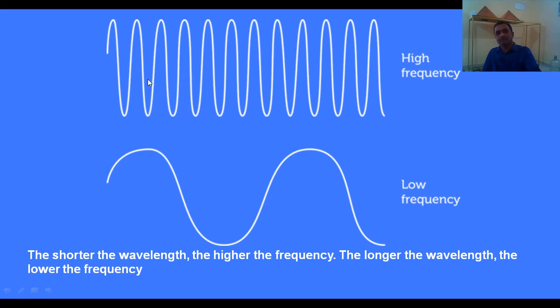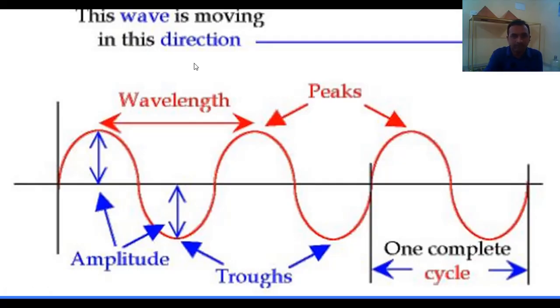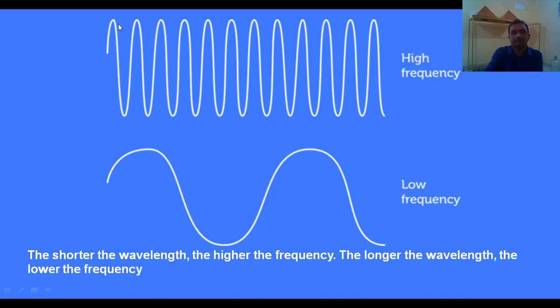If you observe this distance, wavelength means the length between two peaks. Two peaks means two antinodes or alternate crest and trough. So this is the wavelength. You can observe the second wave: how much wavelength?